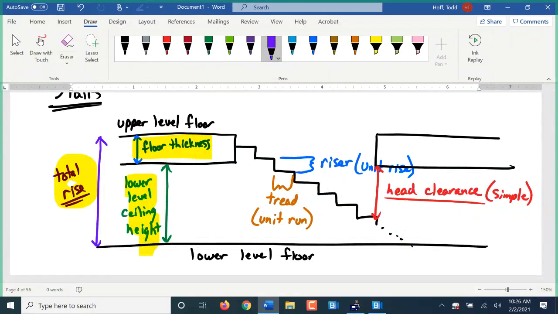Most building inspectors still use simple head clearance, by the way. Anyway, the other thing we have here is stair openings. That's the distance from where the steps hit the floor on the one side to where the floor begins again on the other side of the steps.